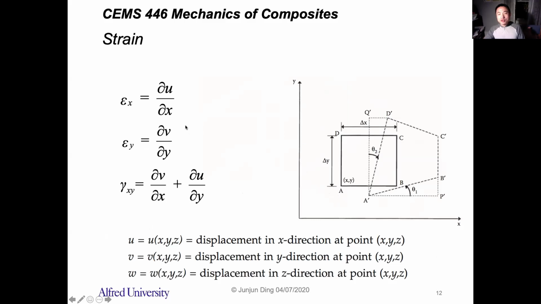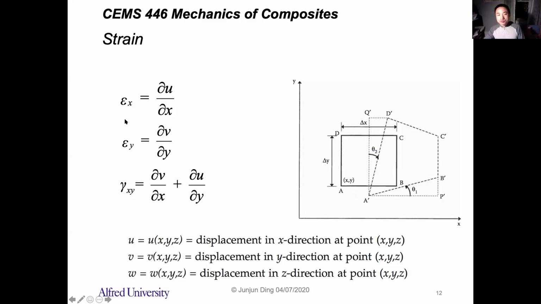For the strain, how to calculate the strain? We have normal strain and also we have shear strain, right? So in this XY coordinate system, in this 2D coordinate system, let's start with a 2D coordinate system. You have normal strain in the X direction, also in the Y direction, right?